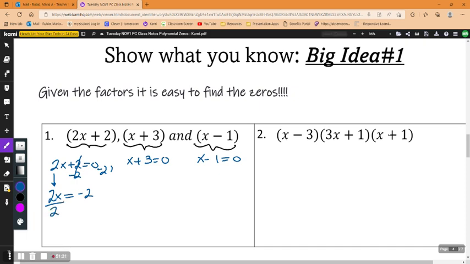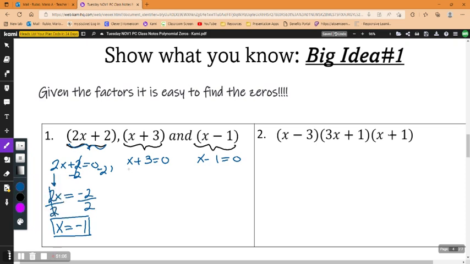It's 2 times x, so to cancel it, I've got to divide both sides by 2. The 2's cancel. I bring down my x. Then I've got negative 2 over 2, which means negative 1. So my root, or my 0, for this first factor of 2x plus 2 is x equals negative 1.